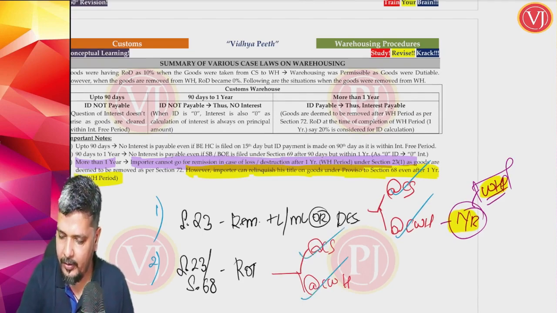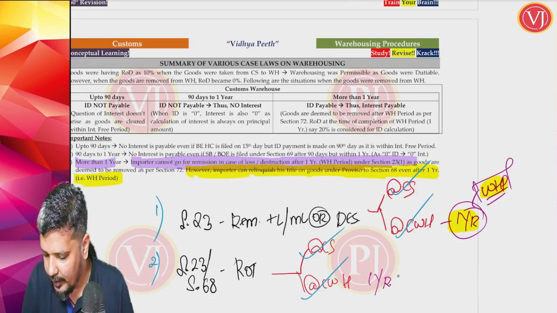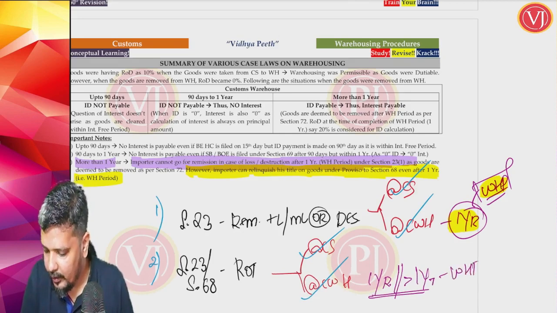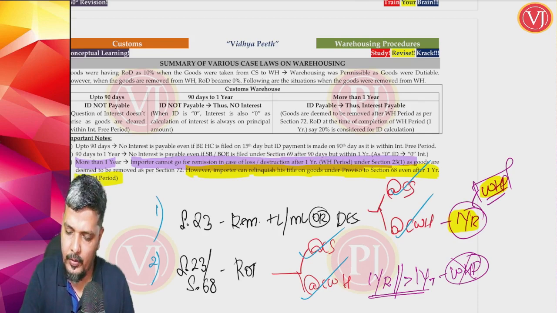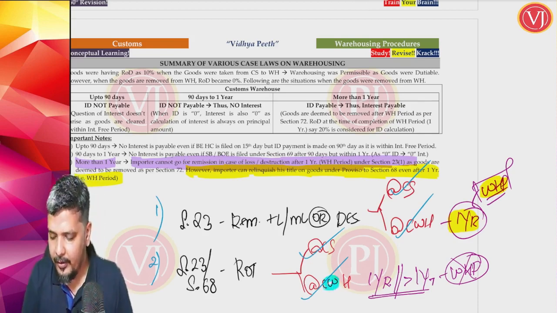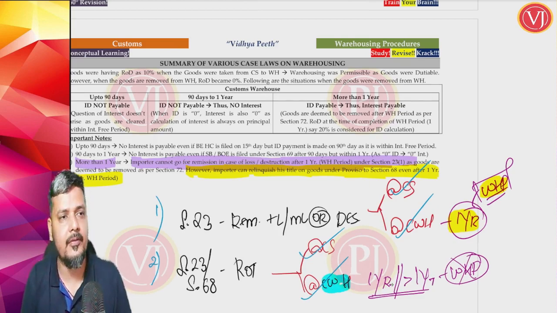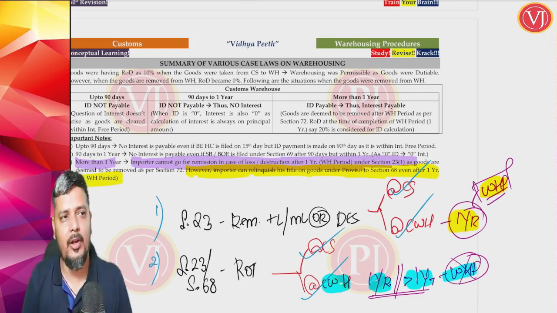But here in customs warehouse, it is available whether it is within 1 year or after 1 year. So here warehousing period is not a limit. You can come for relinquishment of title when the goods are at customs warehouse even after 1 year. So here this seems not to be logical.